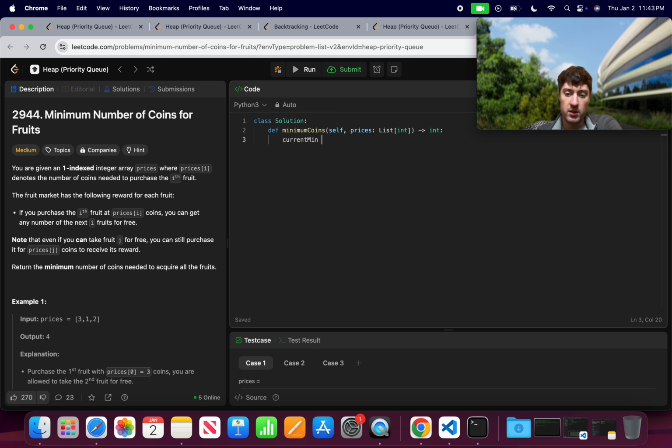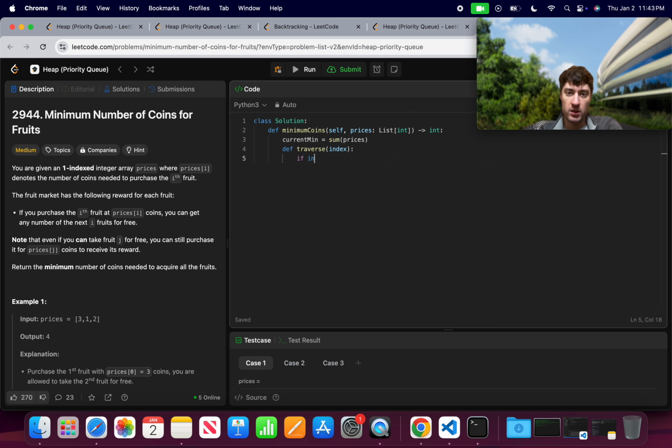So current min equals the sum of prices, right? So I take the entire prices, and then what do I want to do? Def traverse, index. The base case is when I'm at the end of the list.